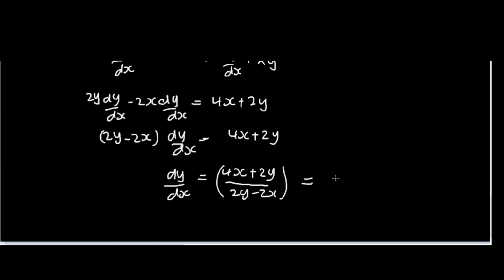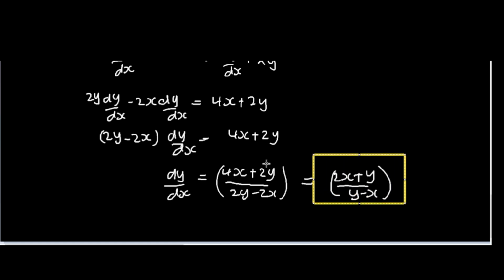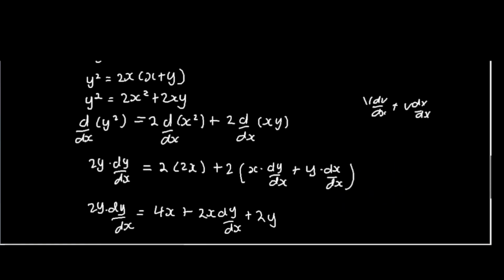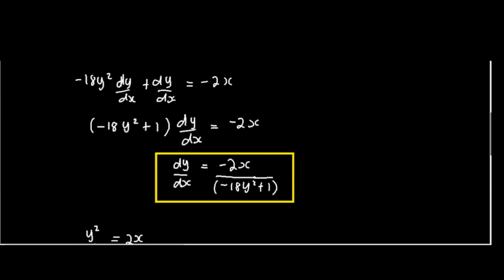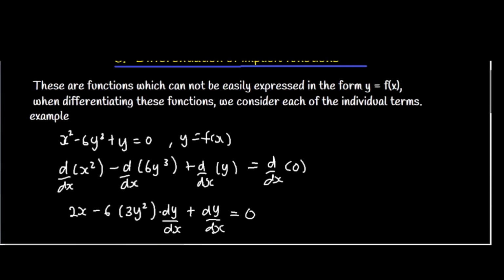So we shall have 2x plus y over y minus x. And this is our derivative for the previously given function. Hope all is clear. That's how we differentiate implicit functions.